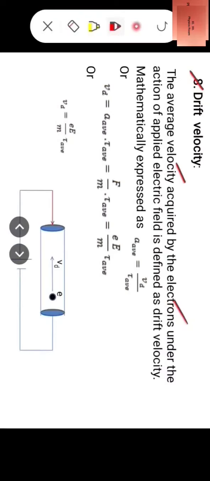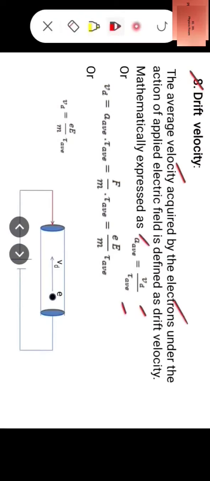The average velocity acquired by the electrons under the action of applied electric field is defined as drift velocity, mathematically expressed as a average equal to Vd by tau average, where a average is average acceleration, Vd is drift velocity of electrons, tau average is relaxation time.